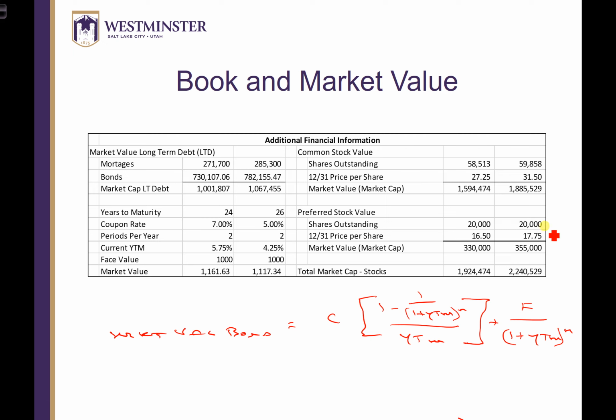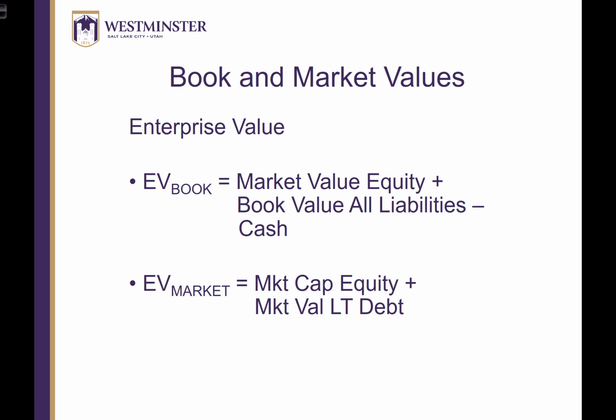We have 20,000 shares of preferred stock outstanding at $17.75 a share, so it gives us a total of $355,000 in the market value or market cap of the preferred stock, and together those two equal $2,240,529. So book versus market value. These help us consider something referred to as enterprise value. Think of enterprise value as being the valuation of the company.